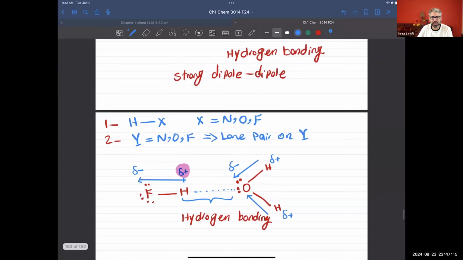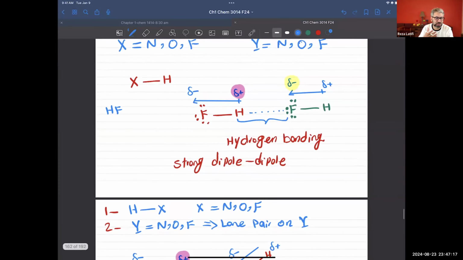Also, I said hydrogen bonding is a really strong dipole interaction. But why do we call it hydrogen bonding? The reason is you are not dealing with just permanent partial negative and positive charges.